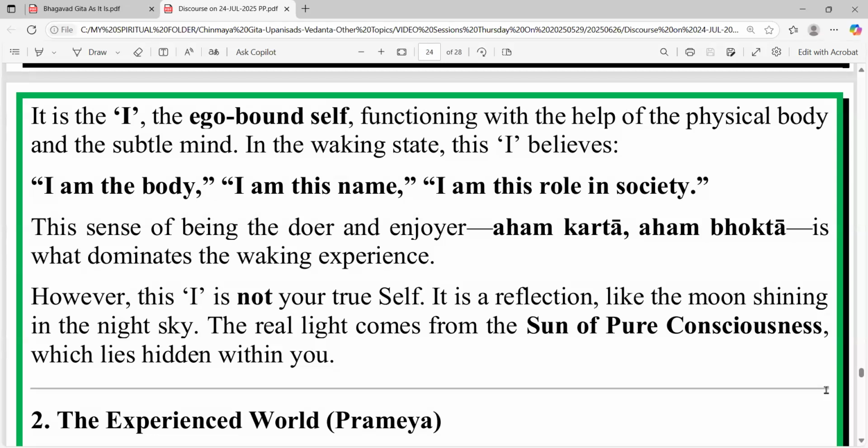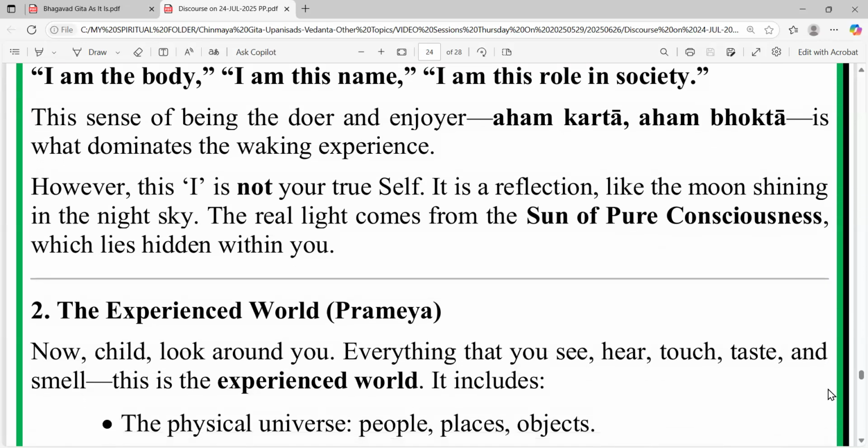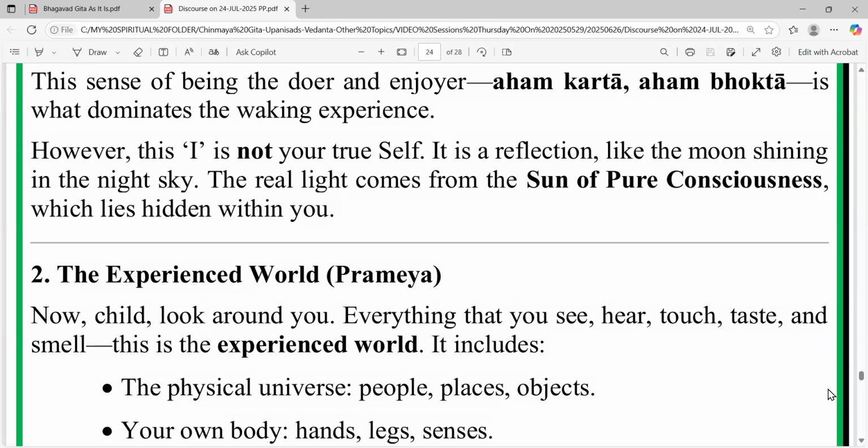This sense of being the doer and enjoyer, aham karta, aham bhokta, is what dominates the waking experience. However, this is not your true self. It is a reflection like the moon shining in the night sky. The real light comes from the sun of pure consciousness, which lies hidden within you.